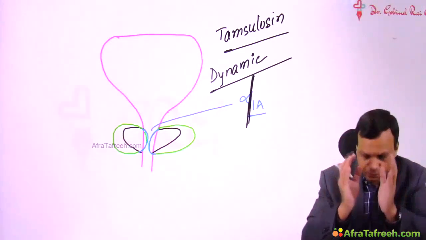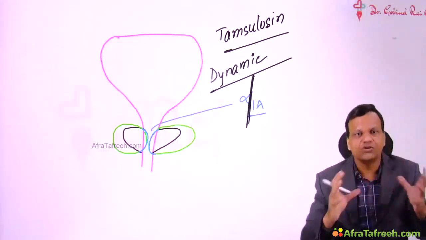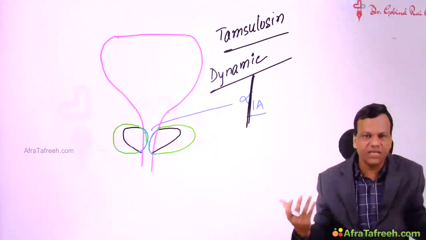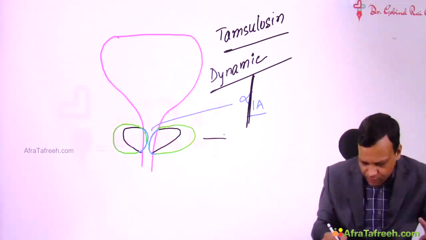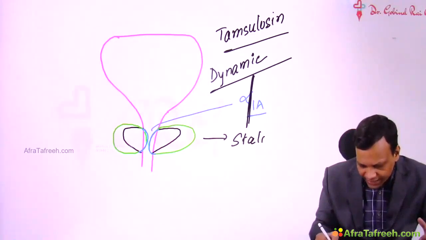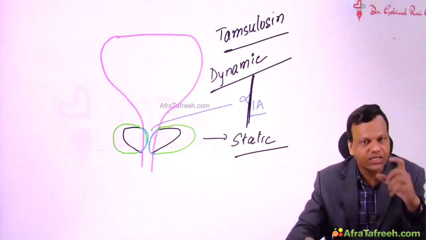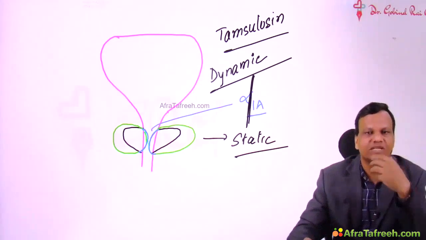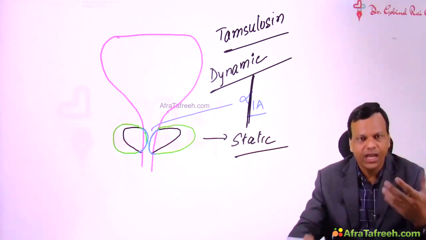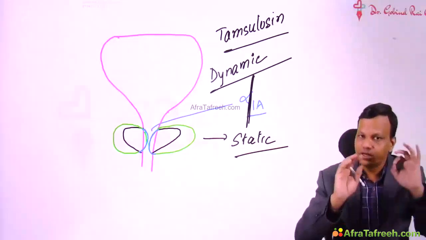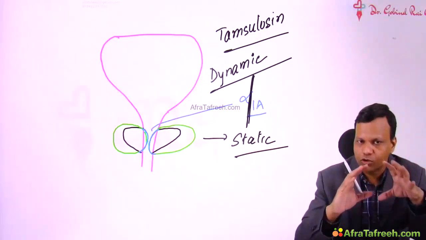But remember, tamsulosin does not affect the size of the prostate. The prostate is large, it remains large. This enlarged prostate component is called the static component. So alpha blockers like tamsulosin only relax the urethra, meaning they affect the dynamic component and improve the symptoms. They only improve the symptoms, they do not stop the growth of the prostate.